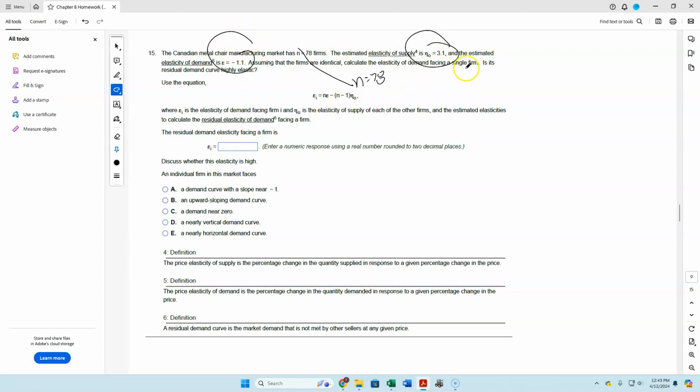Oh, and they want us to solve the residual again. I've already stated that I don't really care that much about this, but again, it's not just me. I don't think you'd find very many economists very interested in this. Okay, whatever. Let's just move on. This is just algebraic, mathematic.